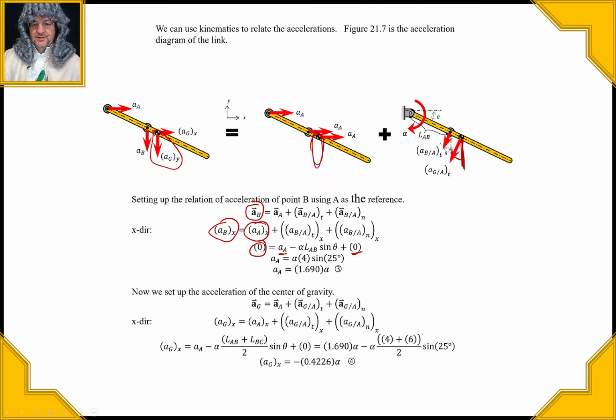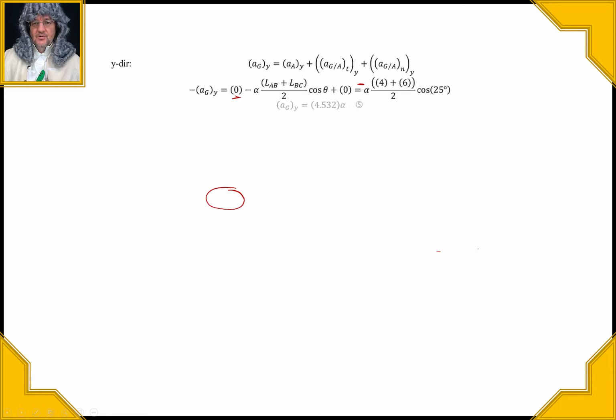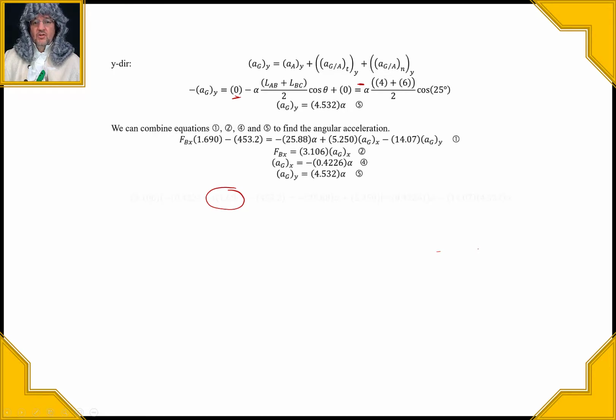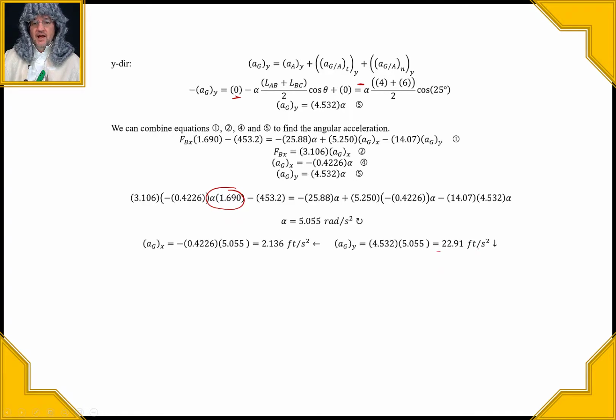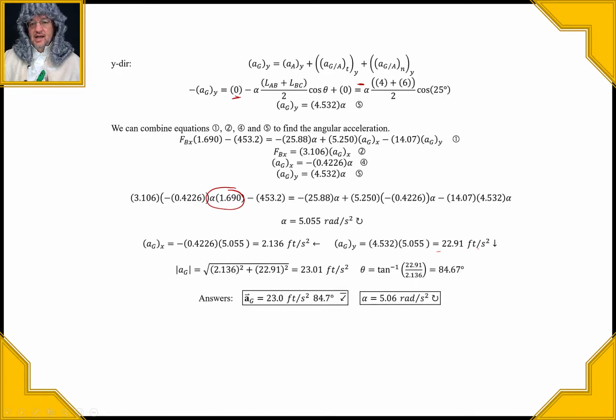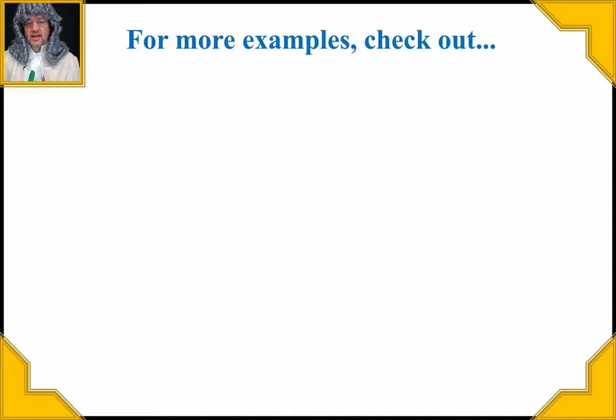So there's another equation, and then finally we were able to get the acceleration in the y direction at the center of gravity and plug all those together to be able to find the things that we're ultimately out to get. So there's a lot of steps to be looking at here.